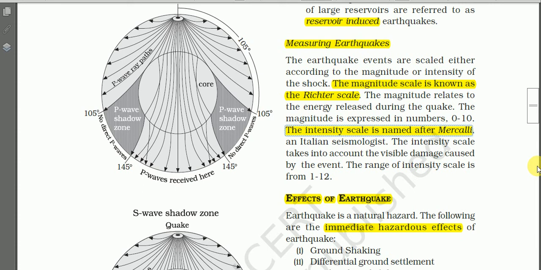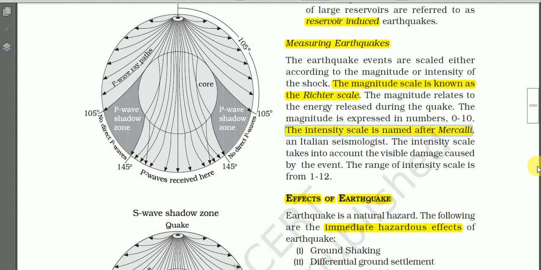But if we are walking or driving, we may not feel it. That is called Mercalli scale 2.